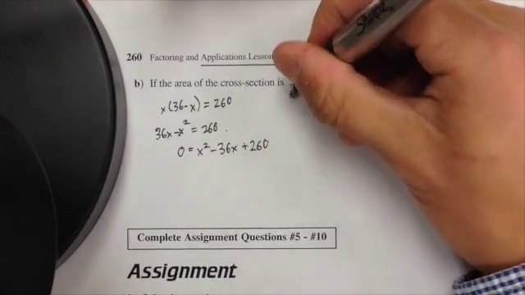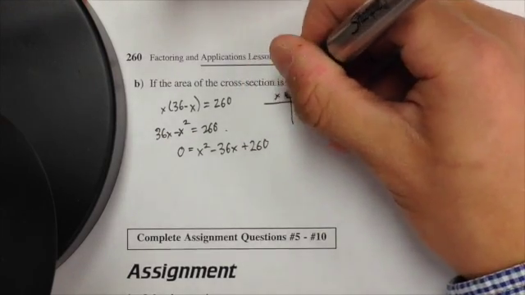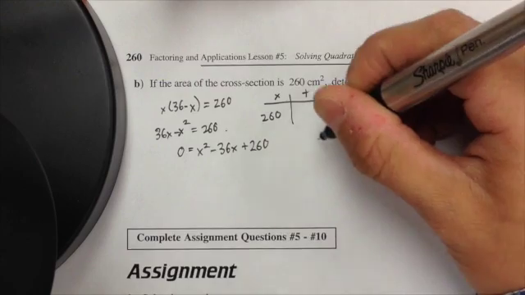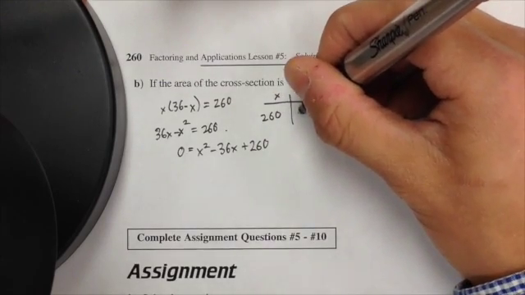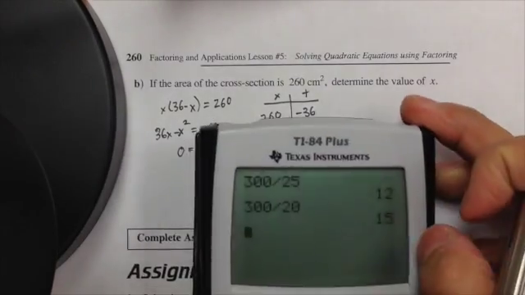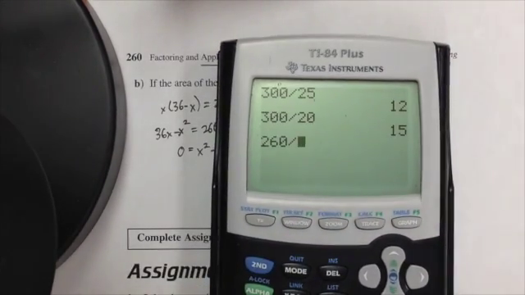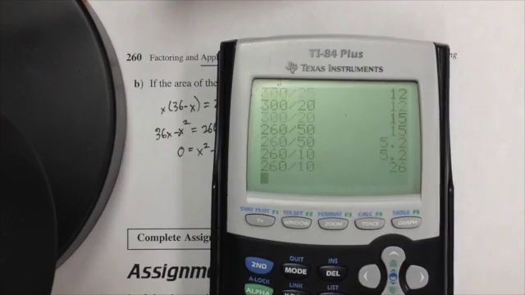Okay? And so now I need to find a product that is equal to 260 but has a sum of -36. Okay, so what is that going to be? Let's try 260. It's always nice to start with 50. No. How about 10, something else that ends with a 0.